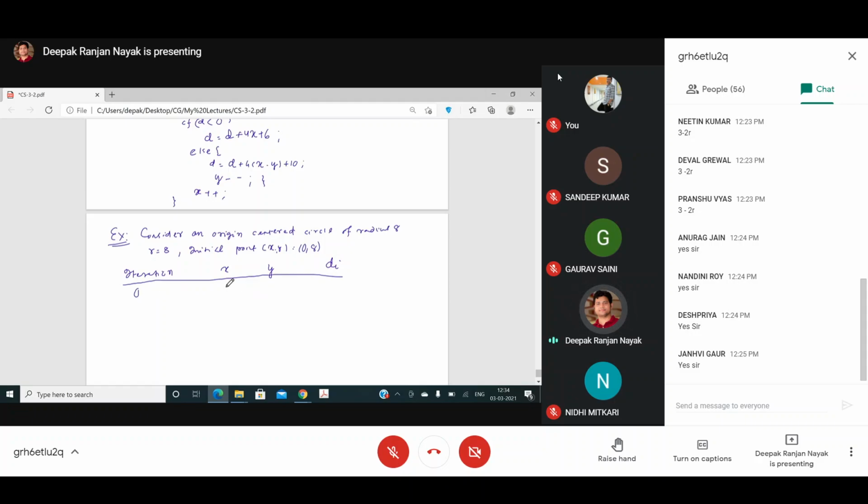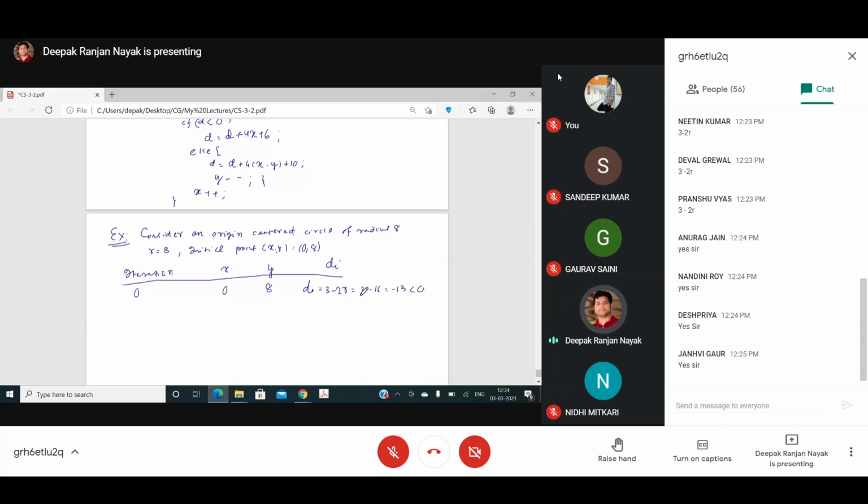At iteration 0, my x is 0, y is 8, and my d0 value, we all know, is 3 minus 2r. What is 3 minus 2r? It's 3 minus 2 into 8, which is 16. 3 minus 16 is minus 13. So minus 13 is less than 0.